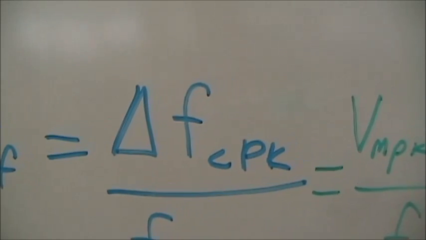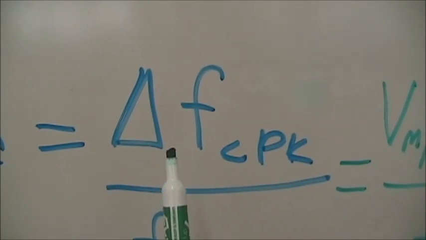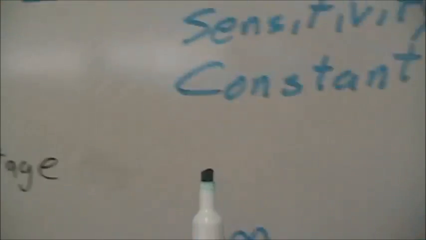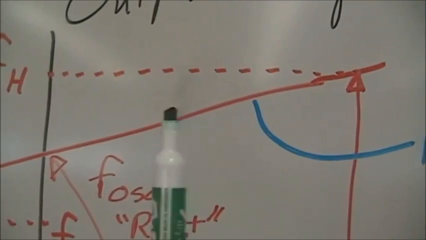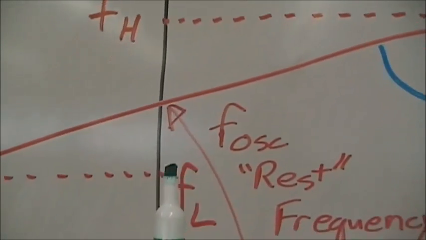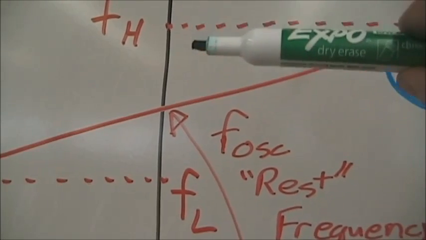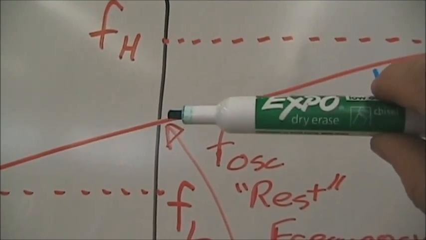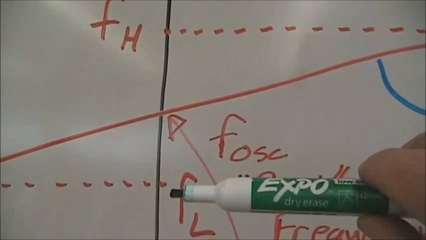The numerator of this equation is often called the deviation of the carrier, because the carrier will be changing frequencies from rest to a higher frequency and then down to a lower frequency. So the deviation is the deviation of the carrier: f_rest to FH, f_rest to FL.